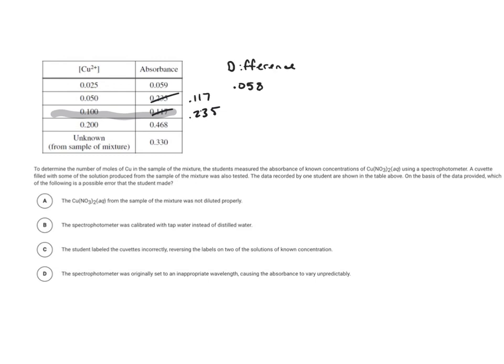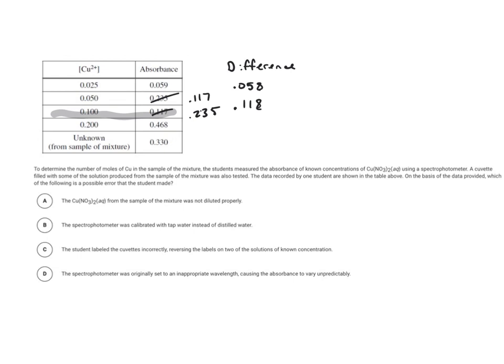So an increase of 0.025 concentration results in an absorbance jump of 0.058. Now the next one goes up by 0.05, so it's double the concentration jump, so I'd expect to double the absorbance jump. So I took 0.235 and subtracted 0.117, and I got 0.118, which is in fact a double absorbance jump from 1 to 2 to 2 to 3.